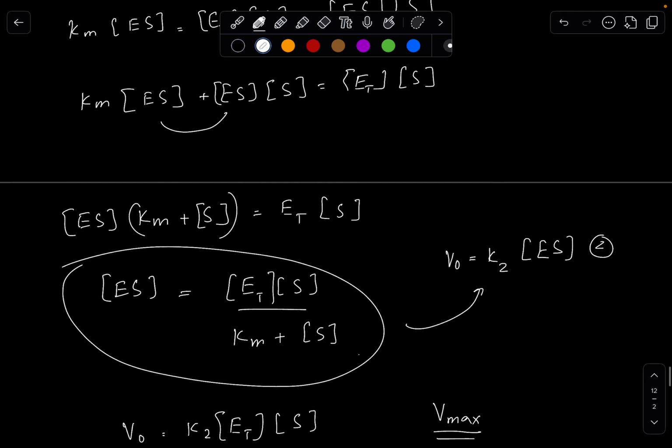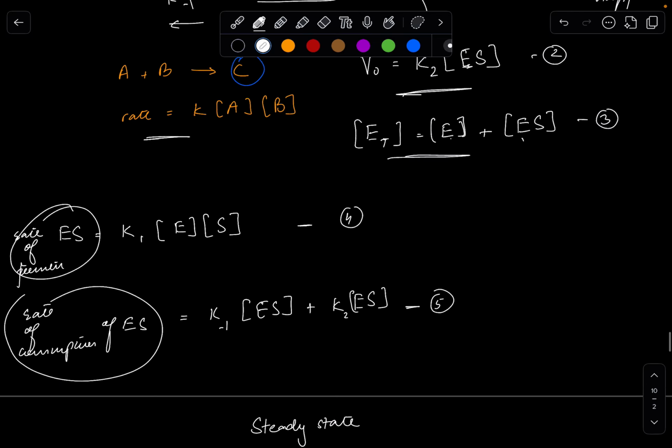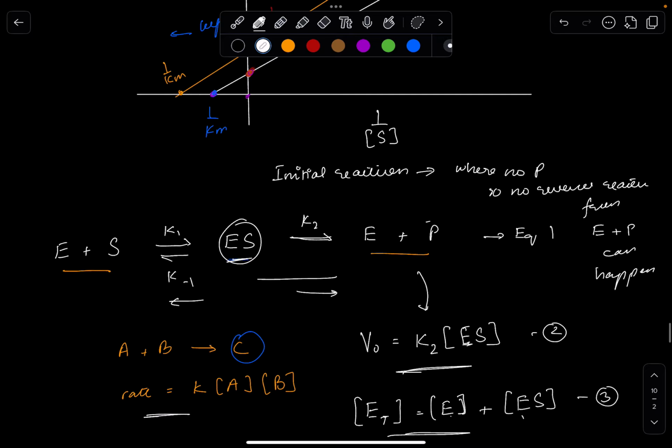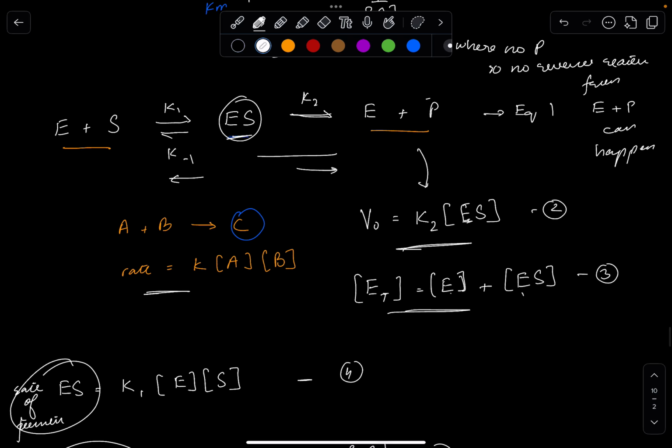So when I am trying to look for Vmax through this equation on top, instead of writing it like this, I will write Vmax equals K2 times E total.